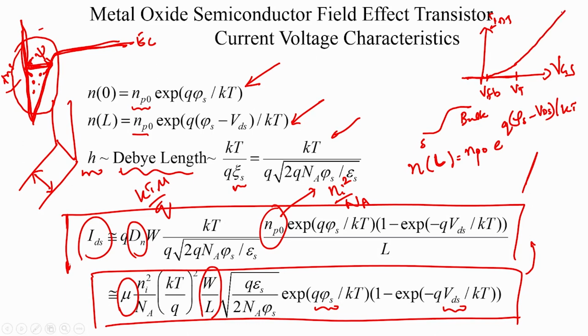Now, this region is quite significant, because beyond Vt the MOSFET is said to be on, and below VFB the MOSFET is said to be off. In fact, extending all the way till Vt the MOSFET is technically off, it does not conduct as much current as the on state. Therefore, this region between VFB and Vt is the intermediate region from the off to the on state.